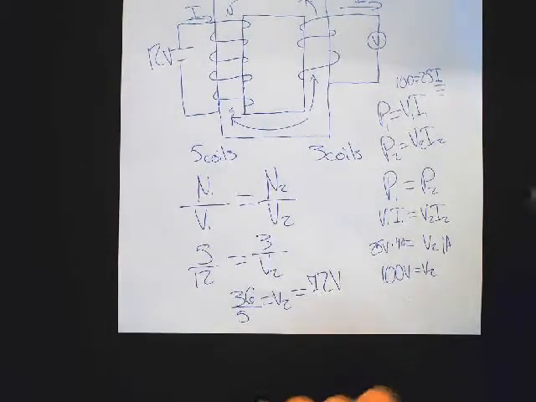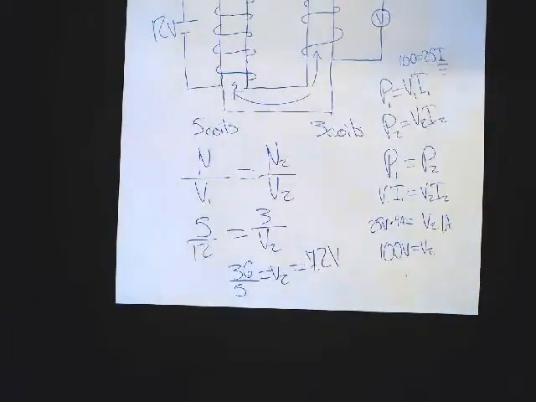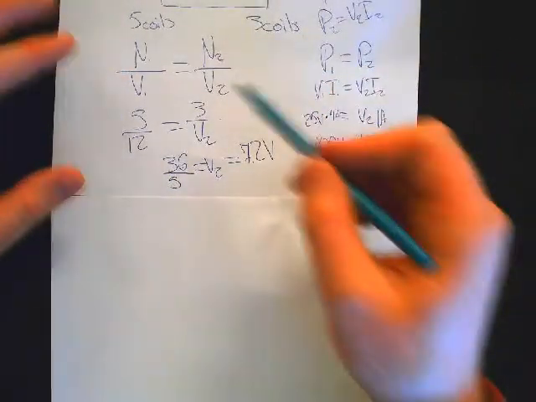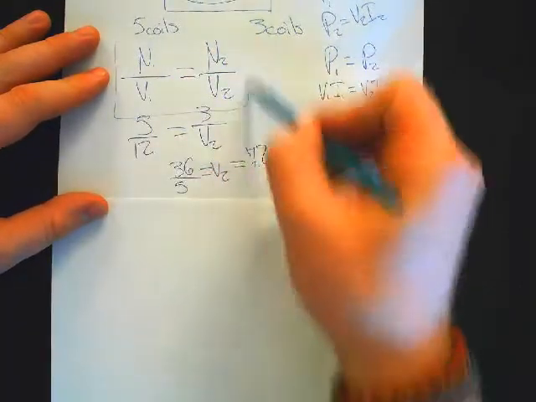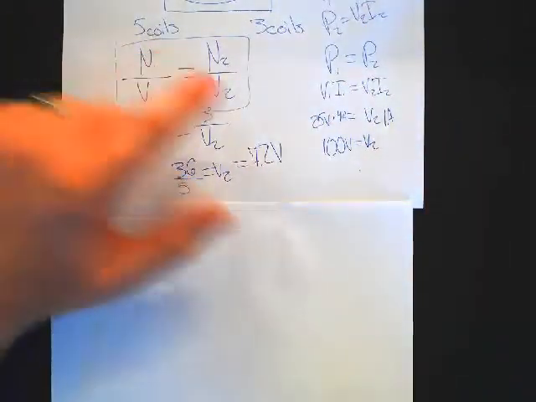All right. The question for number 10 asked what the coil turn ratio is for this hypothetical transformer. We can determine the coil turn ratio based on this equation here. We now have voltages for V1 and V2.